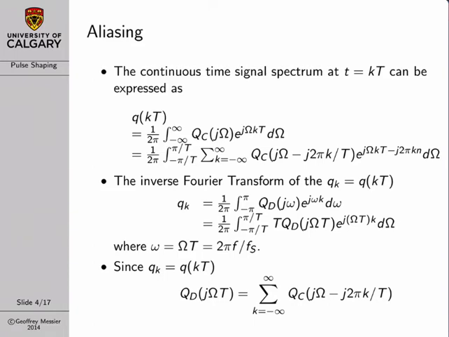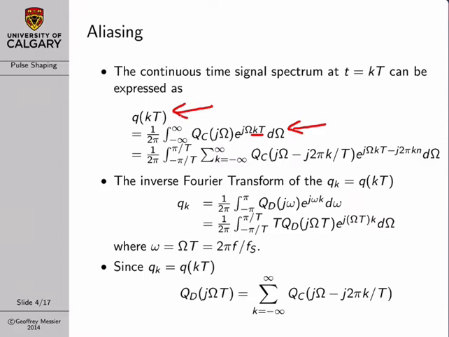So let's start by taking a look at our signal q of t and taking the Fourier transform of it. This second line of the equation is just the regular old analog Fourier transform of the signal q, except that rather than having a continuous time variable, I've just substituted in the discrete time samples.